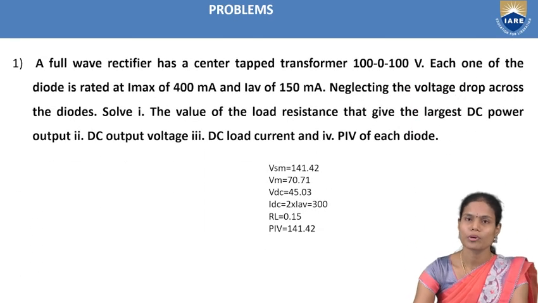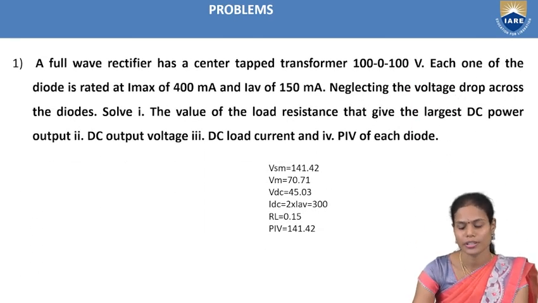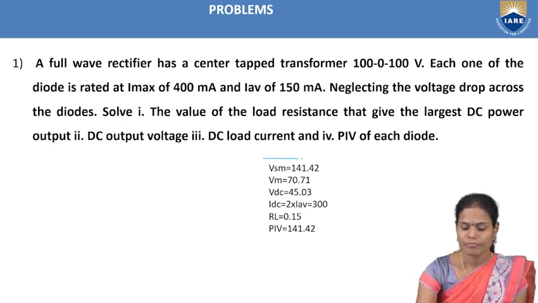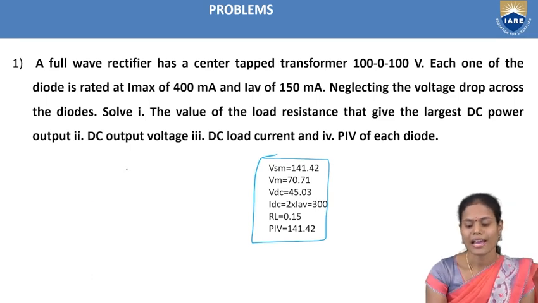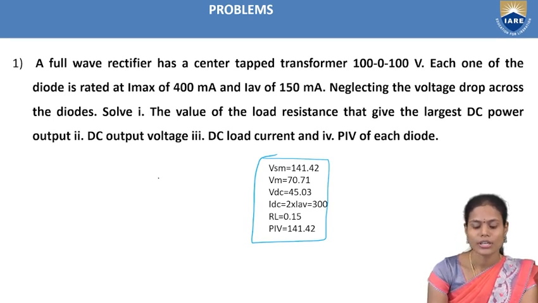So next we will see the problem related to the full wave rectifier. These are the answers I have given for reference. A full wave rectifier has a center tap transformer of 100 volts. Each one of the diodes is rated at I maximum of 400 milliamps and I average of 150 milliamps.